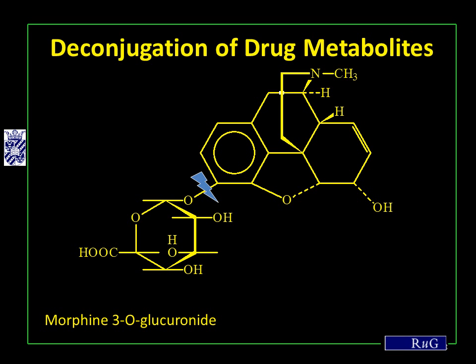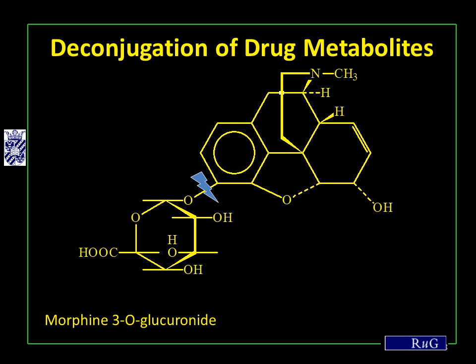Let's end this overview with a final aspect of drug bioanalysis, drug metabolism. As you've already heard, drugs are metabolized in phase 1 and phase 2 reactions to excrete them from the organism. Some of these drug metabolites may still be active. It is even so that some drugs are inactive, and only once they are metabolized they become active.